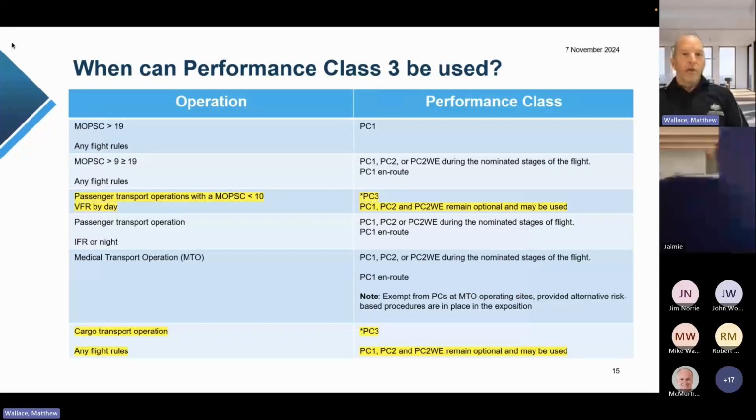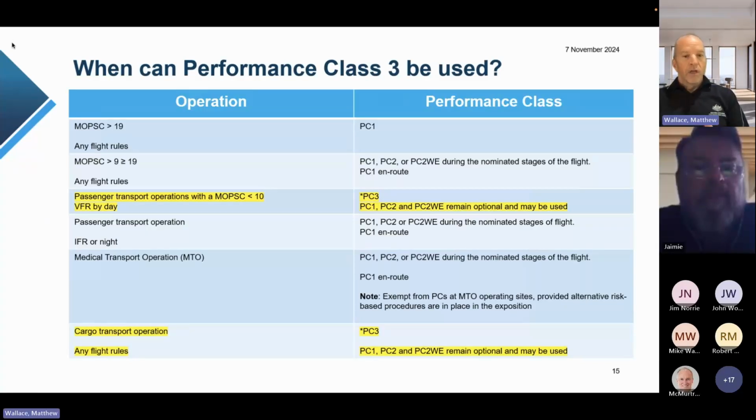So when can we use performance class 3? Performance class 3 is a maximum operational passenger seating configuration of less than 10, and it's VFR by day. So that's what we're looking for, or it's a cargo transport operation. We can operate in PC3, but if the operator elects to, you can obviously use the other performance classes as well, which are 1, 2, and 2 with exposure.